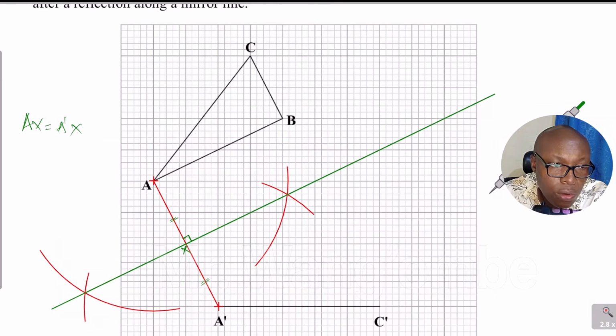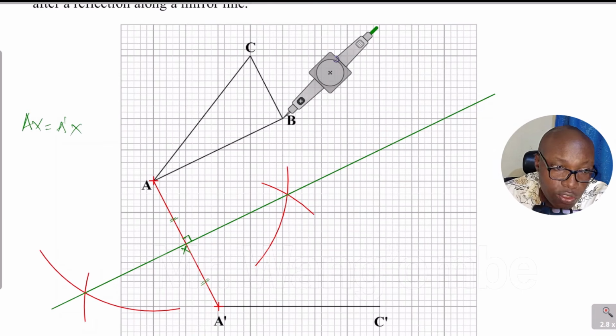I will drop a perpendicular from B to the mirror line, because you can see even when you consider A, this line is meeting the mirror line at 90 degrees. So I can stand at B and drop a perpendicular.